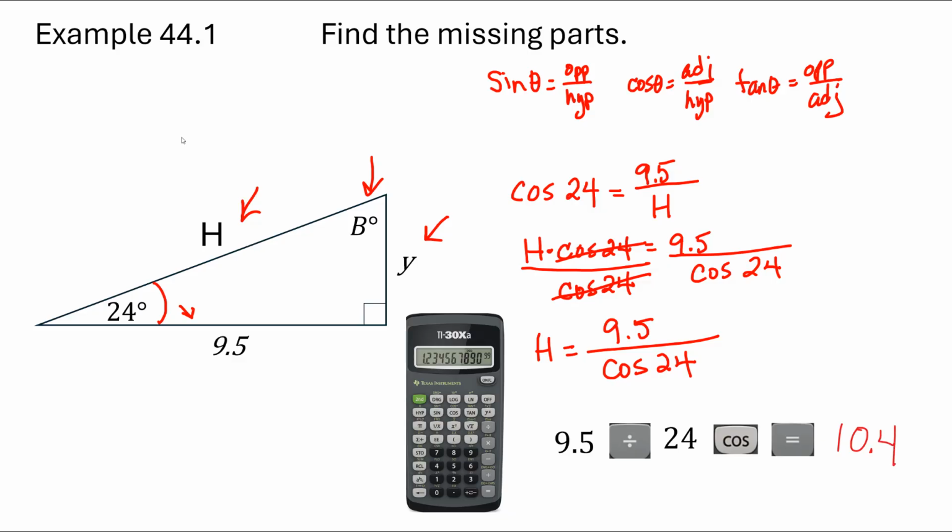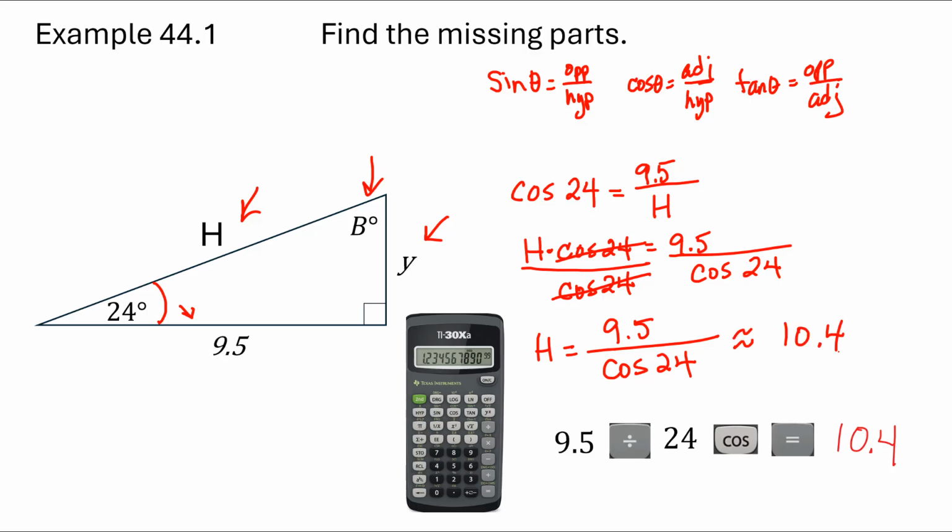If you don't hit equals, you'll just get the cosine of 24, and that won't be the right answer. In order to tell your calculator that you want to do the division, you have to hit equals. Okay, so that is h, the hypotenuse. That is approximately the hypotenuse because it didn't come out to exactly 10.4.